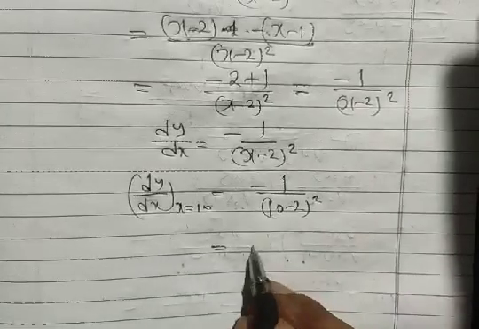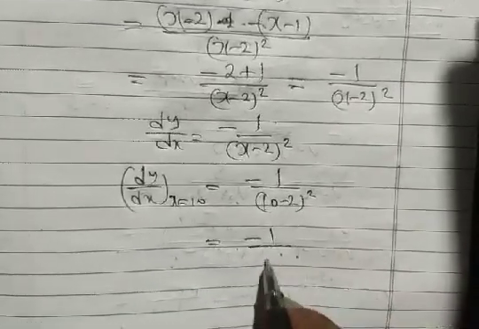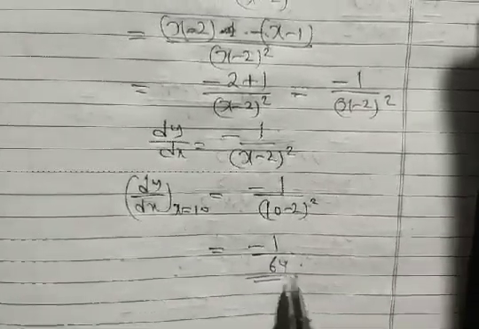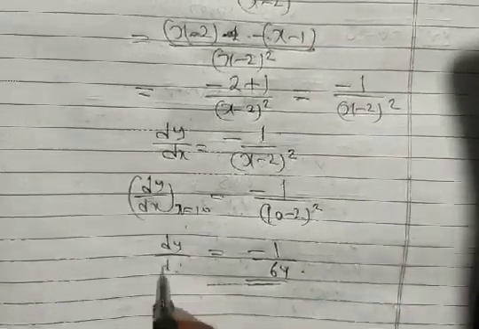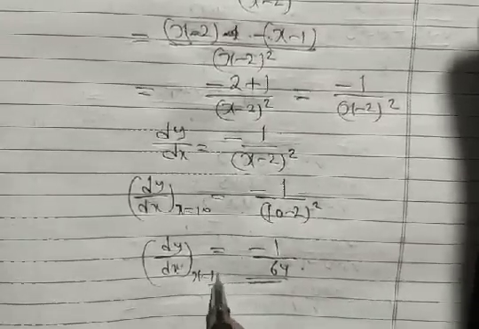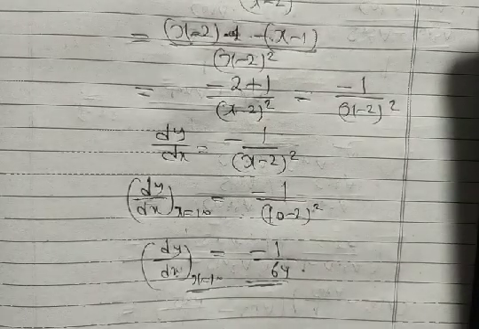After solving, we have minus 1 upon (10 minus 2) which is 8, and 8 square is 64. Then this is our required slope of the tangent to the curve. dy/dx at x equal to 10 is minus 1 upon 64.